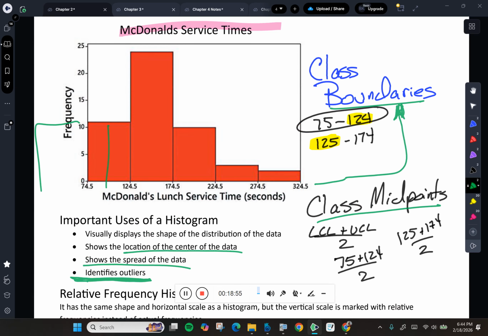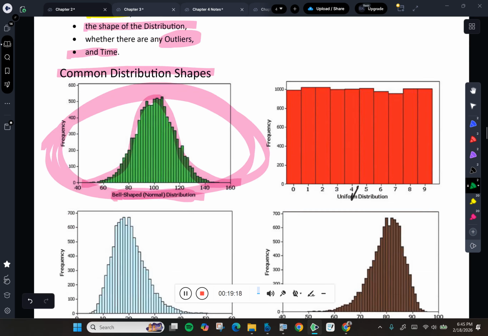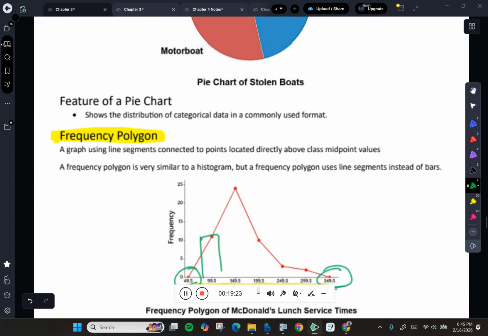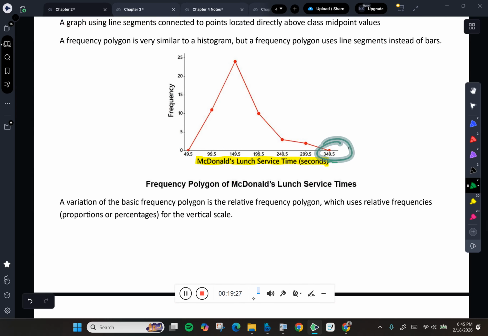There was nothing over here at 49.5, because in a frequency polygon, we send it down to 0 here, and we send it down to 0 here to say nothing is on the low end and nothing is on the high end. So the only real difference that you're going to see between a histogram and a frequency polygon is they're going to be a little bit wider because they've got to go out one class beyond where the last bar was for the histogram and where the last bar on the high end was for the histogram.